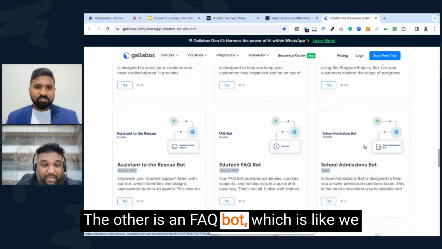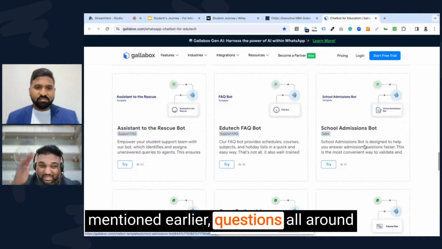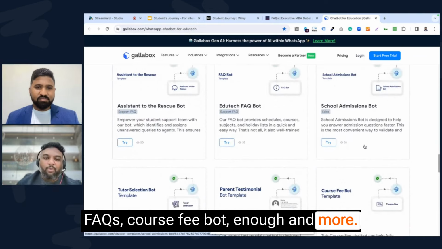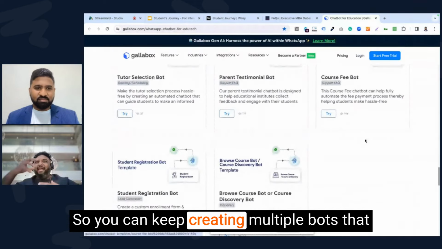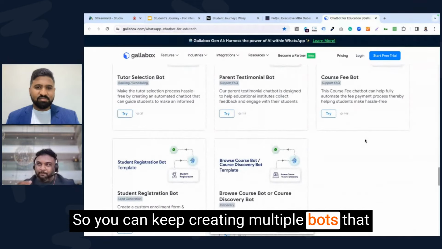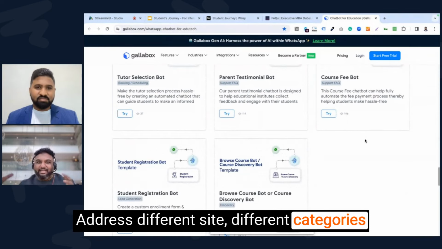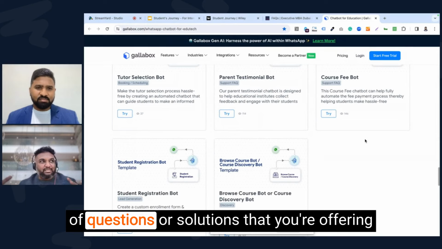The other is an FAQ bot, which is, like we mentioned earlier, questions all around FAQs, a course fee bot, and more.